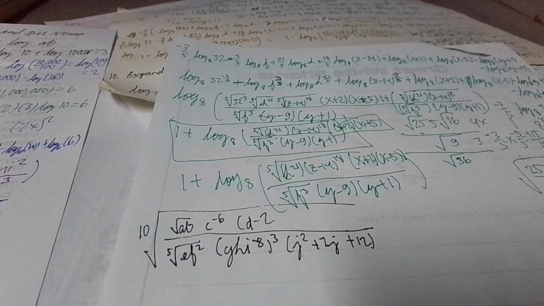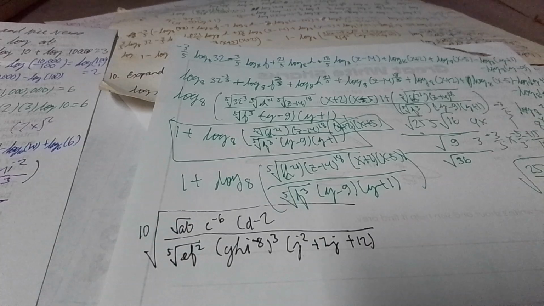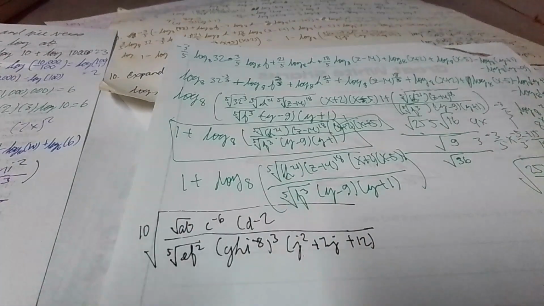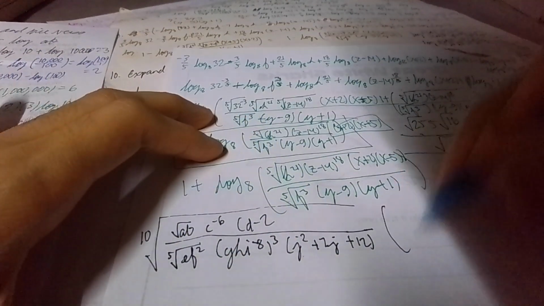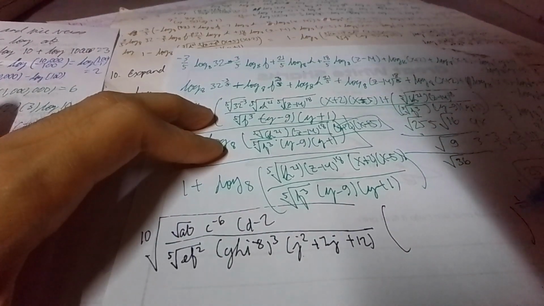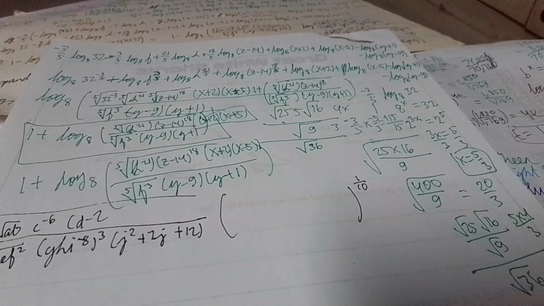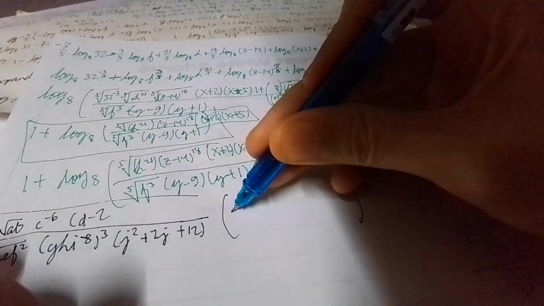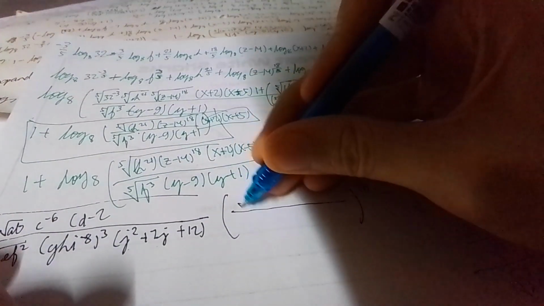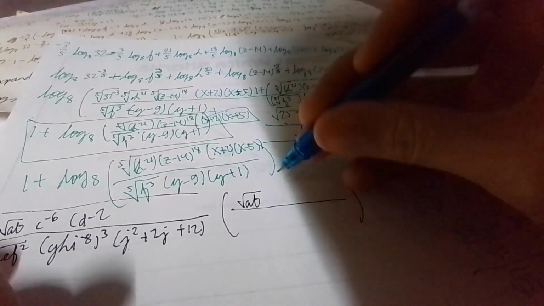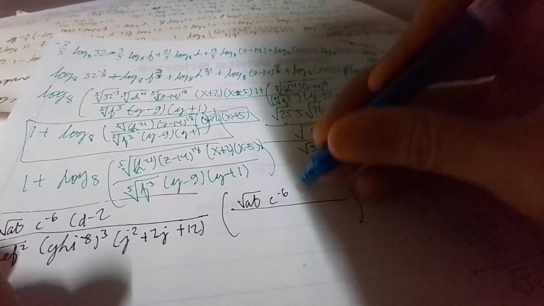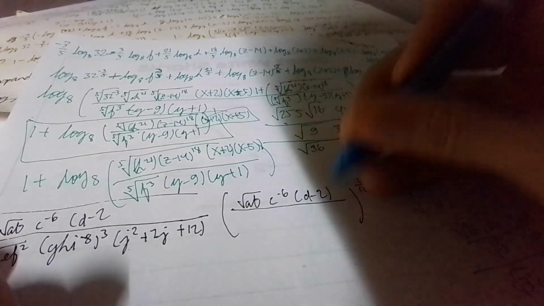So the first thing that we need to do is to rewrite that into a fractional exponent. Di ba? Rewriting this into fractional exponents. Doing so will give you something like this. Remember, everything here is being raised to the 1/10 power. So copy what's on the numerator: square root of AB, C raised to the negative 6, D minus 2.